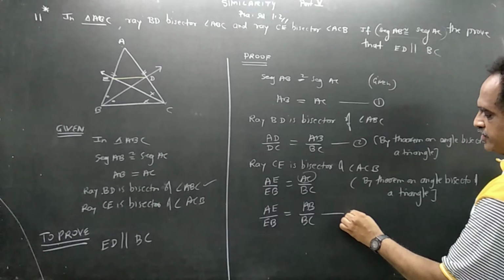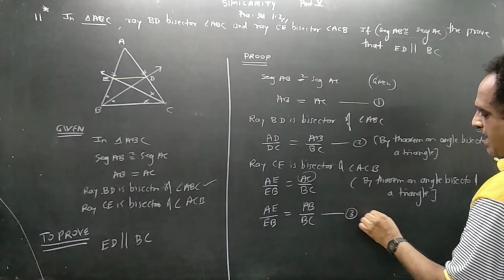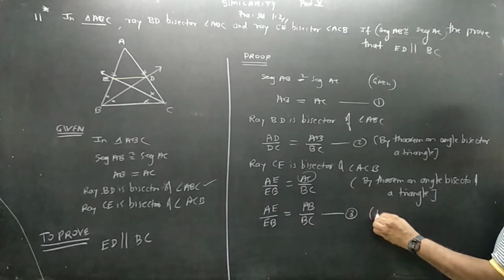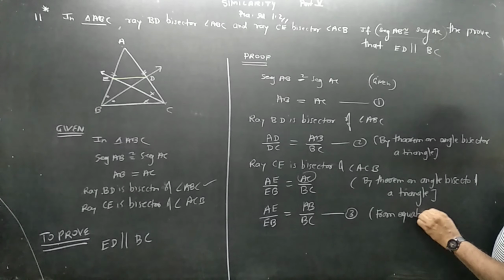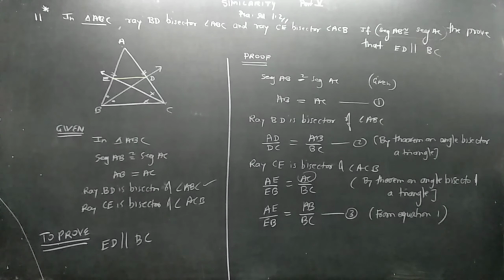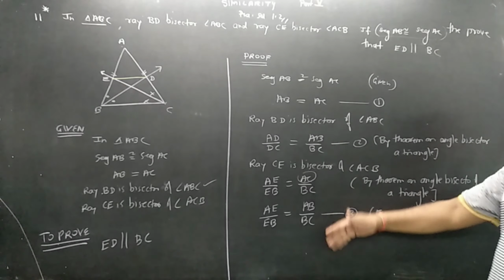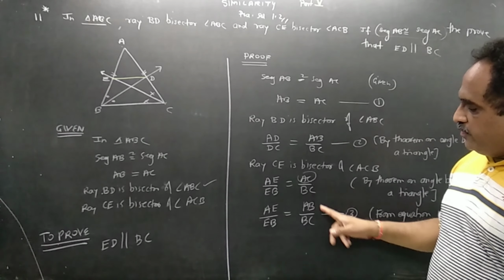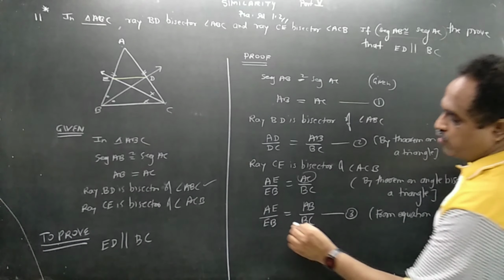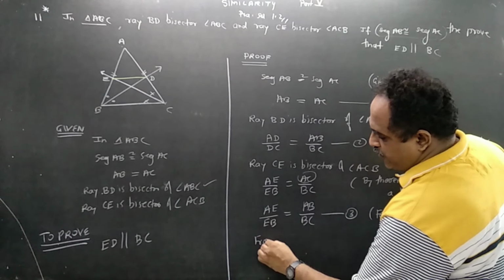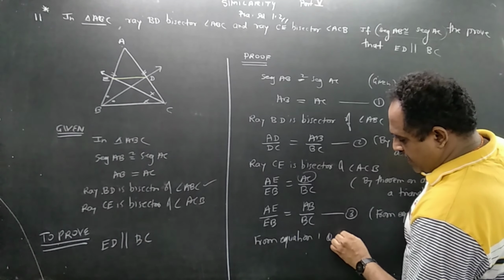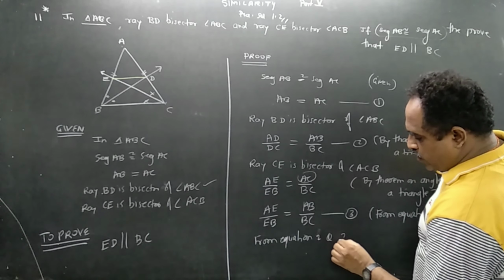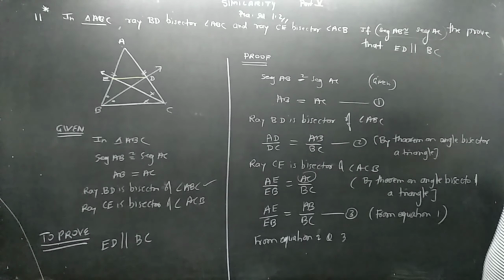I'll put this as equation 3, and I'm going to write the result from equation 1. Now you compare equation 2 and 3. It is AB upon BC, AB upon BC. So from equation 2 and 3, what I'll get?